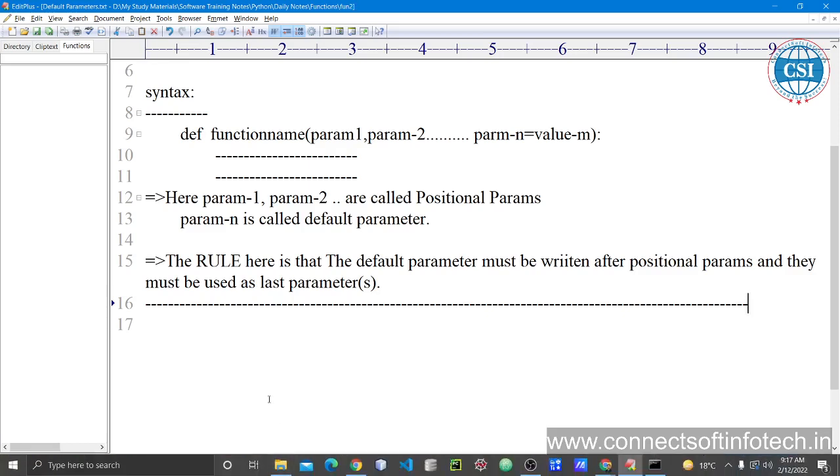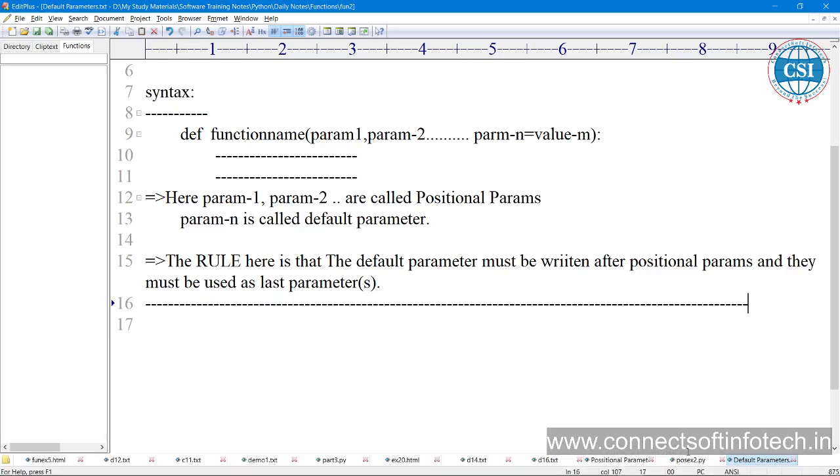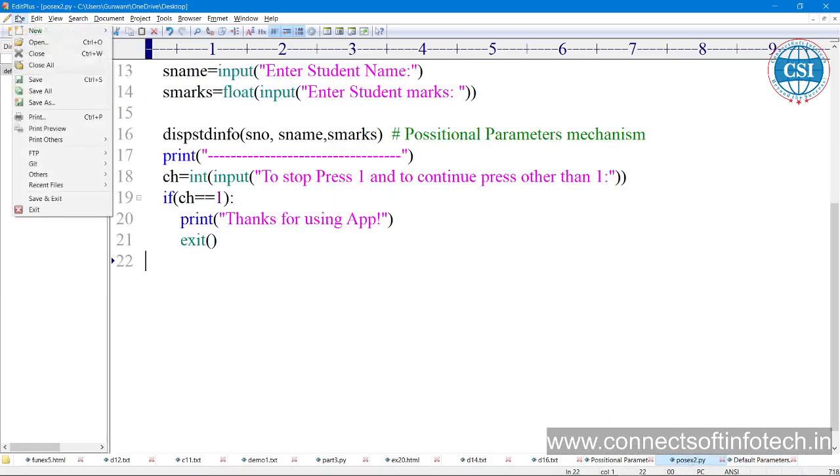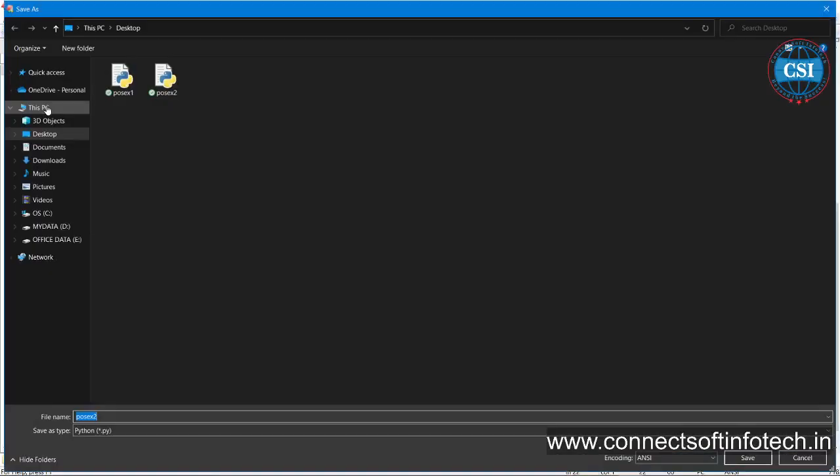So take one example. Save as default parameter example 1.